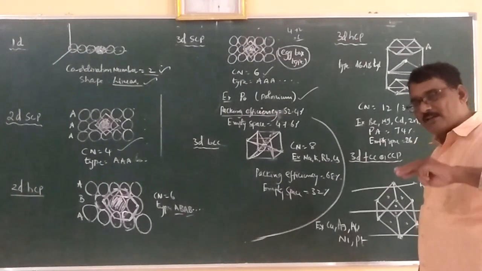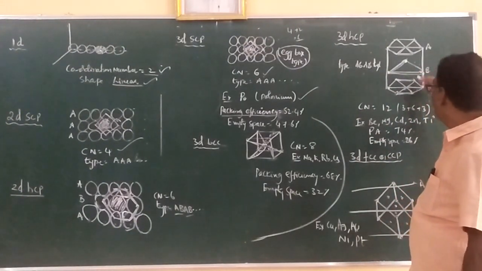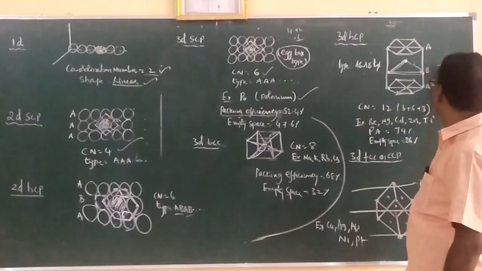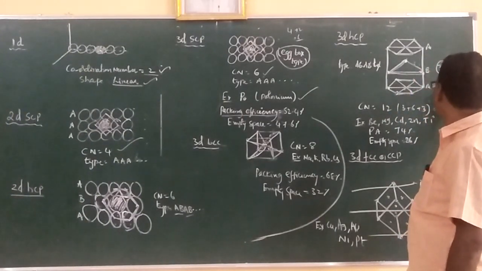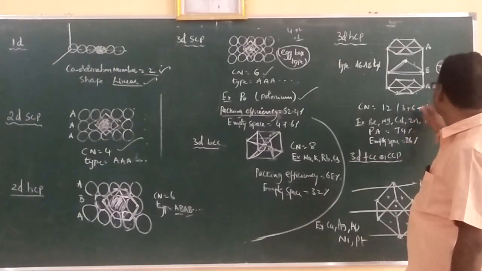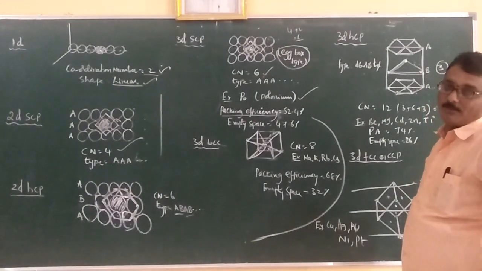Next B, after that A, after that B. Therefore AB type. Here 3 is there, here 6 is there. Next, 3. Therefore 3 plus 6, that is equal to 12 coordination number.